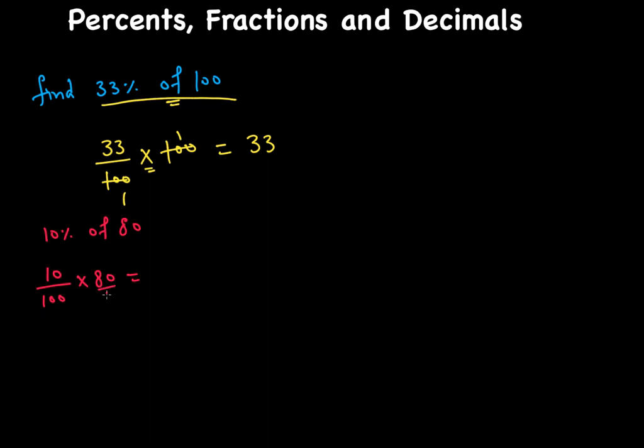This is basically 80 over 1, so we multiply numerator with numerator, which gives you 800, and denominator with denominator, 100, which gives you 8. So you see, 10% of 80 is 8. All right, I hope this helps you guys.